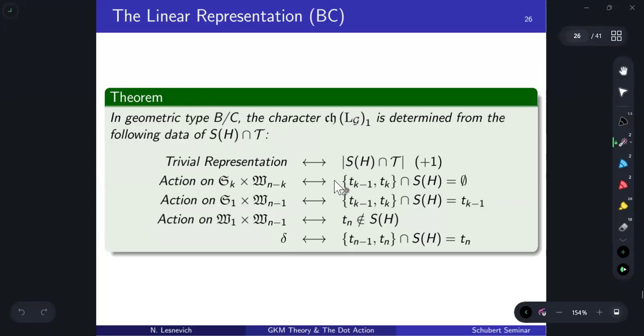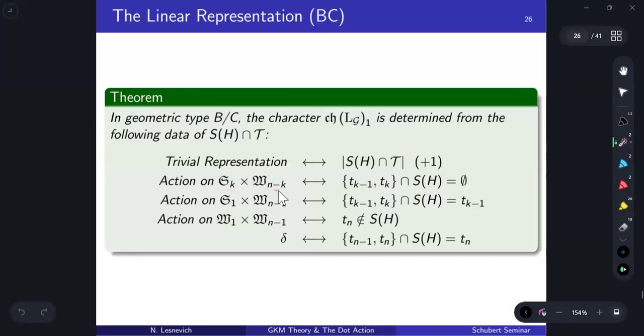You can just read off pieces of the representation from the data of this intersection. You'll get some number of trivial representations, associated almost exactly to the size of this intersection, how many of those length 3 transpositions I ended up using.